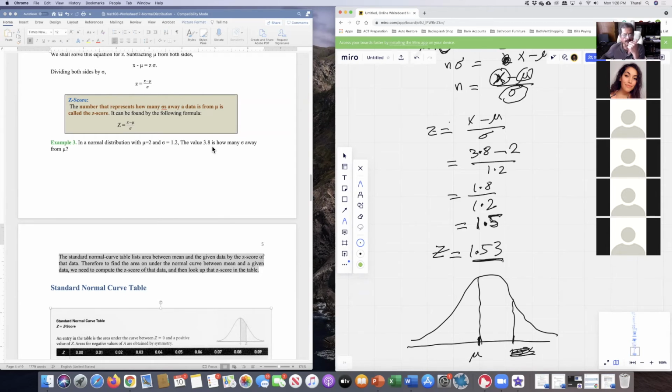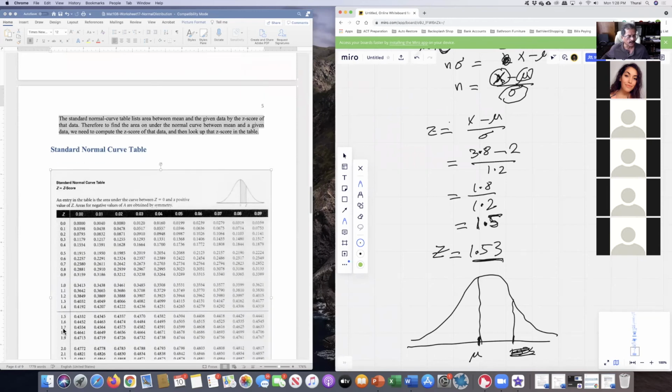For the data to fall into the range 2 to 3.8, what is the probability? That is equal to the area under the curve between those two numbers, and that's what we looked up. Our z-score was 1.5, so the probability is 0.4332. The area under the curve is equal to probability.